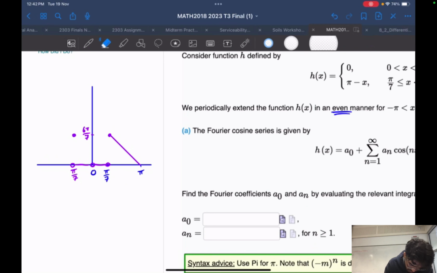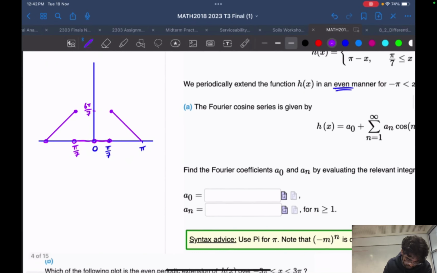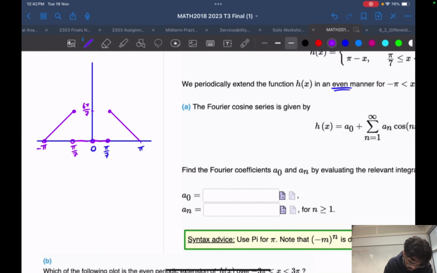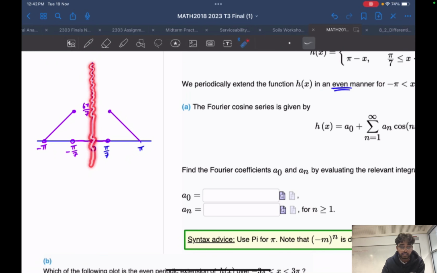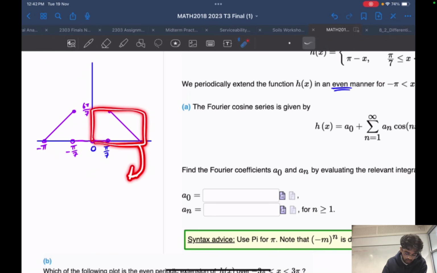Oh, sorry, this should be an open circle, right? Yep, open circle. Where this is minus pi on 7. Okay, you see how there's an axis of symmetry across the y-axis, this point corresponds to this point corresponds to this point. If it was an odd manner, then I would have to flip this function 180 degrees, so it would come down here, over here. So it would look something like this.